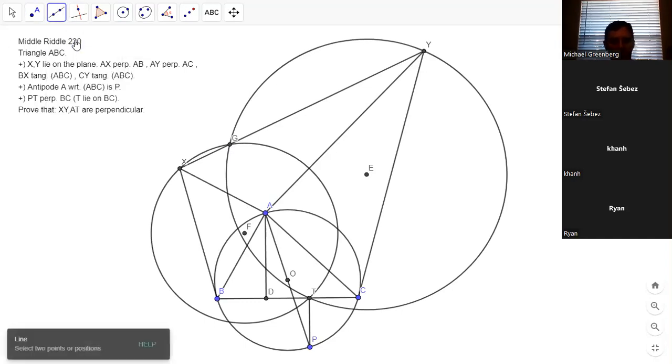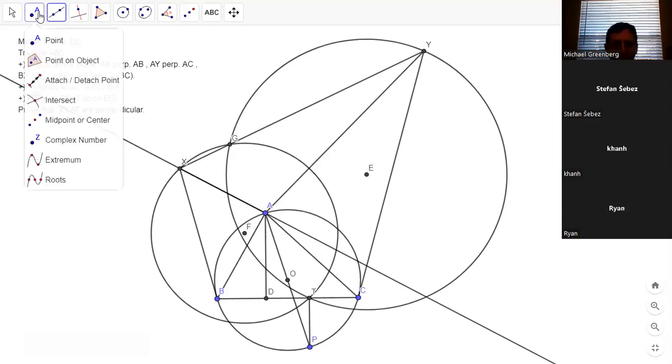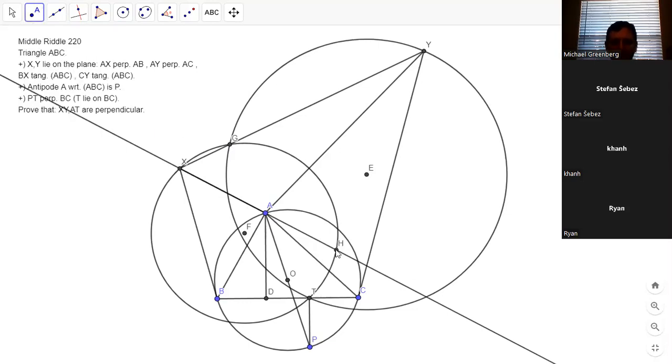So if I extend this, XA times AH. We know XA pretty well. Can we get AH?